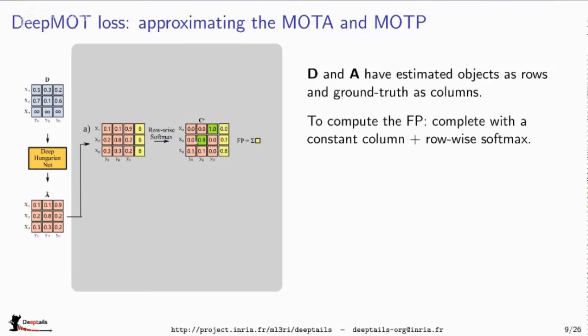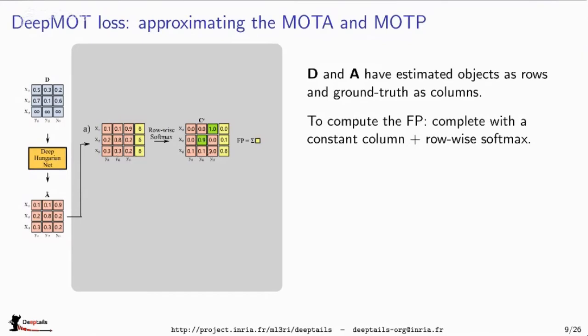So for instance, we see that for the first two rows the assignment was already performed. Instead, it was 0.9 and 0.8. And when we apply softmax, this doesn't change much. But the last row was a very loose assignment.